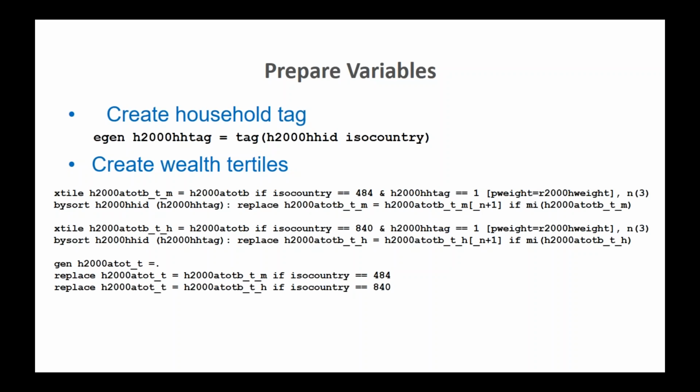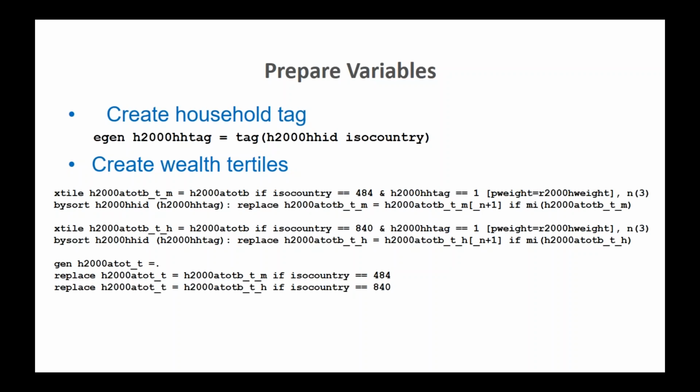So we do that by using this tag. We're going to get a variable, which in this case is going to be called H2000 HH tag, or household tag, which only gives a value of 1 to each individual household. In the tag command here at the top, you can see that we have tag, we have our combined year-specific household ID variable, and we added the ISO country code.